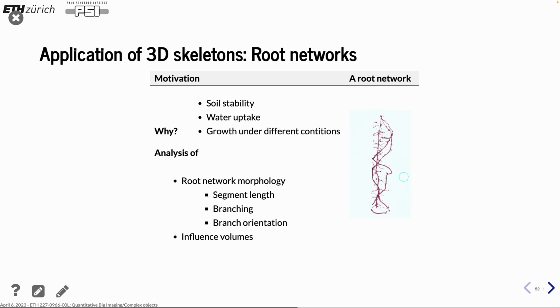That was done using some machine learning algorithms. And from there, we can look at segment lengths, branchings, and branch orientation. Some plants prefer to grow along the soil surface, other ones go deep down. And also looking at the influence volume of the root network. All that can be done using this analysis.